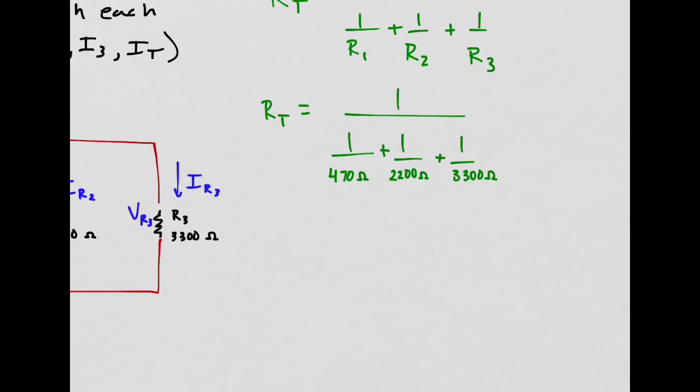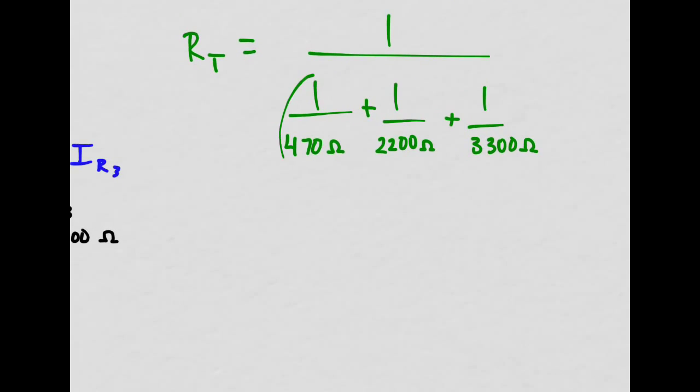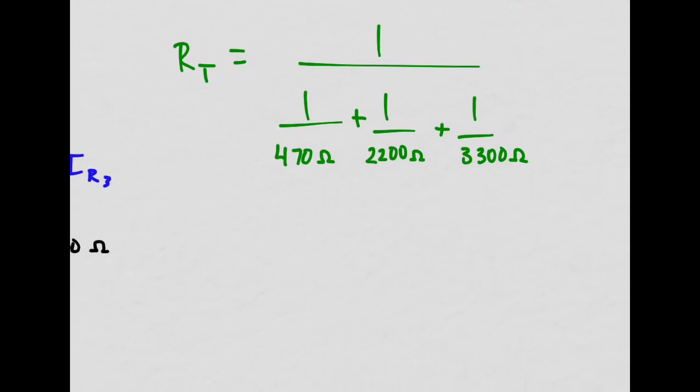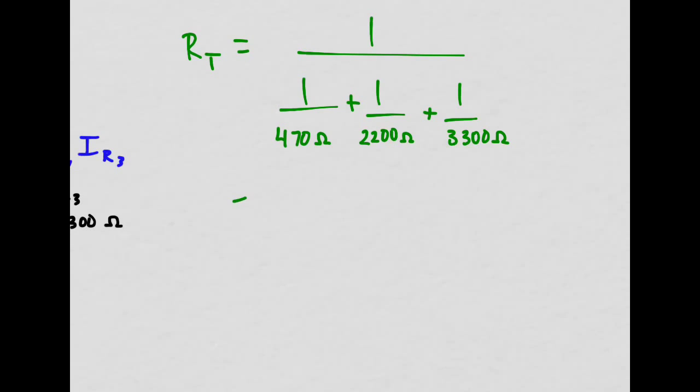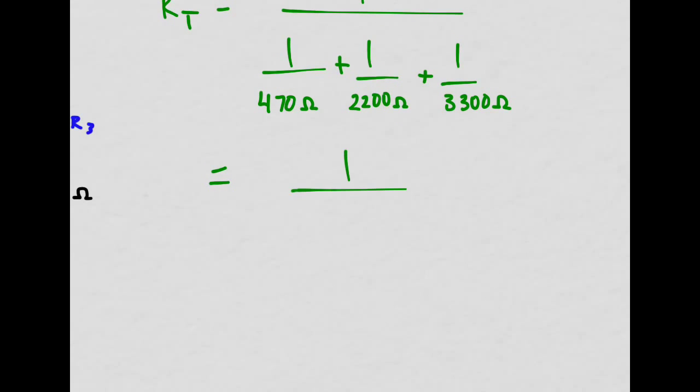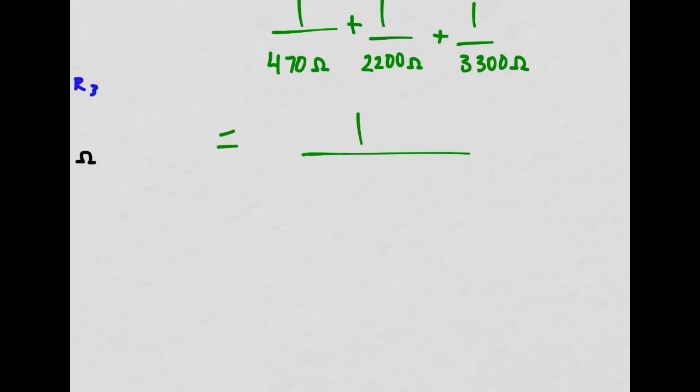So we have this. Now what I'm going to do is figure out these and then add them together. If you want me to show you how to do it on your calculator, it can be very, very easy. I would type in 470 and then hit the 1 over x button, or on some calculators it looks like x to the negative 1.